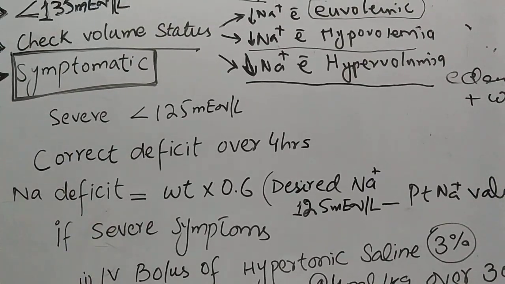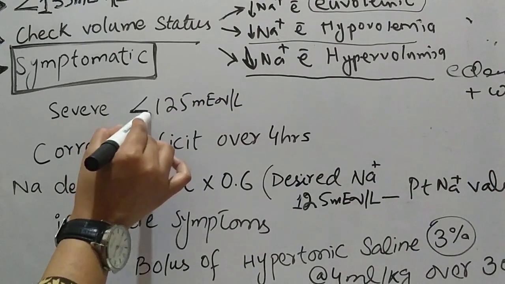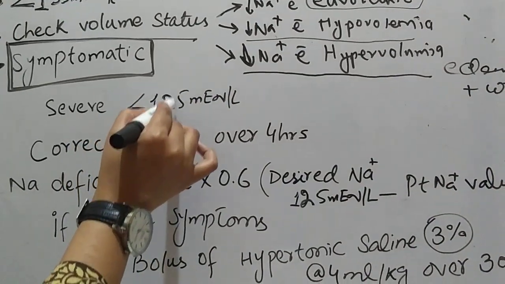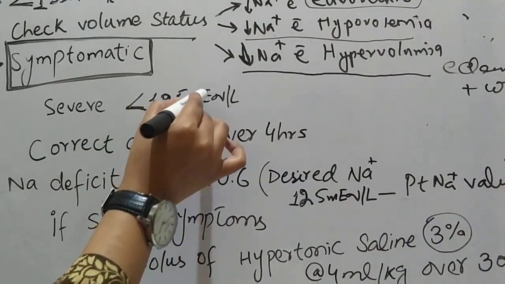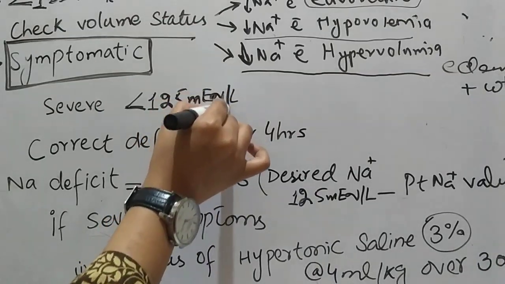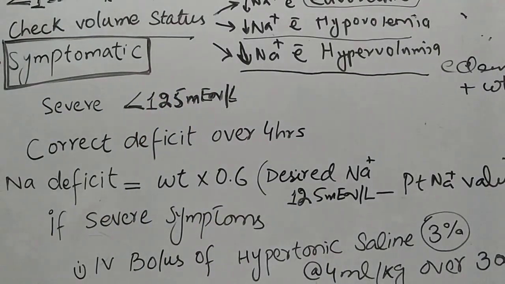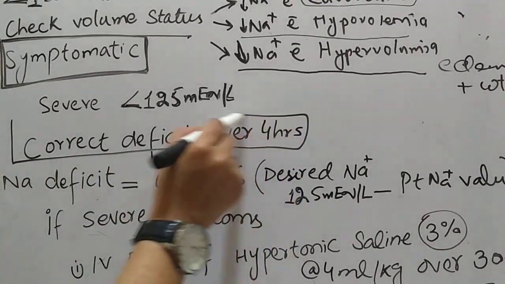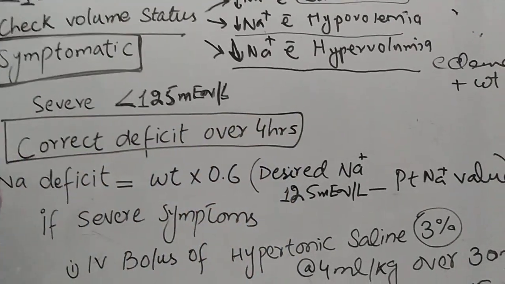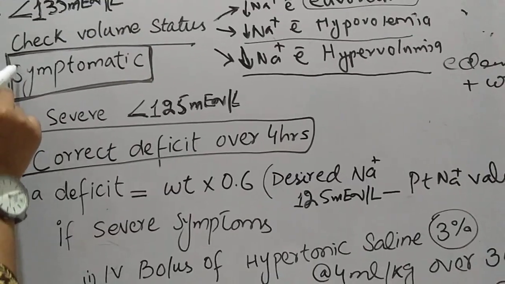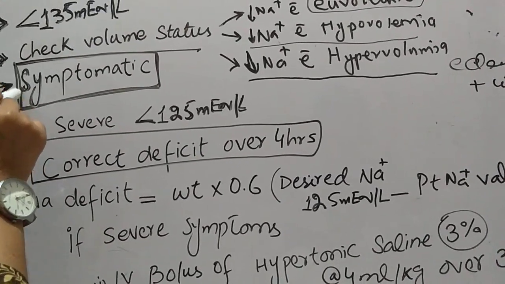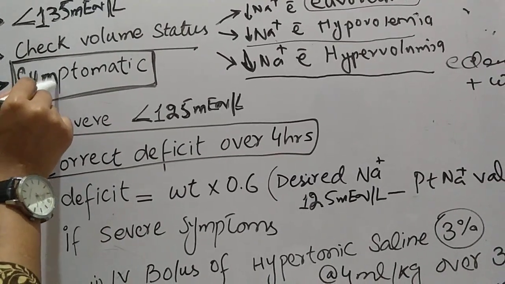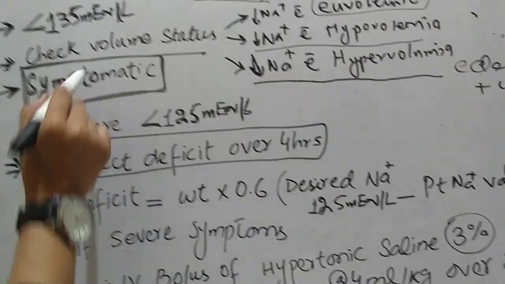When the value gets below 135 milliequivalents per liter, we will start our deficit correction over 4 hours. If the patient is symptomatic, the patient can have seizures, refractory status epilepticus.